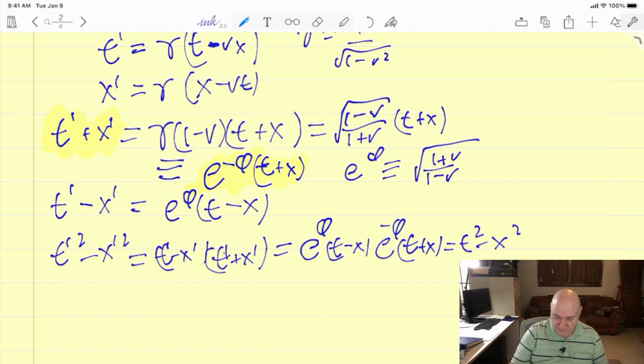So that's what we need for a Lorentz transformation to preserve the space-time interval between points. So we're good there.